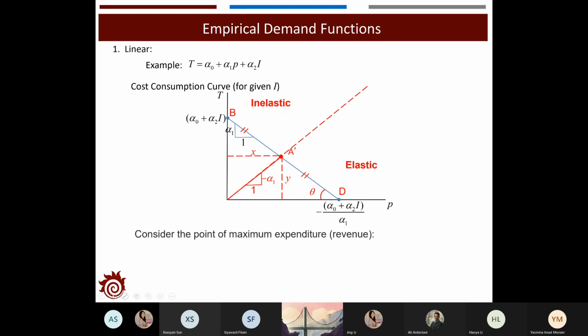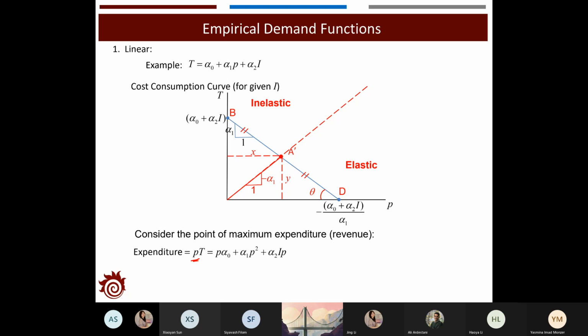So that's for the linear demand functions. Another thing we need to think about is the point of the maximum expenditure, which also represents the maximum revenue from this function. Our expenditure is defined as the price times the number of trips. So for this case, that will be P times alpha 0 plus alpha 1 times P squared plus alpha 2 times IP.